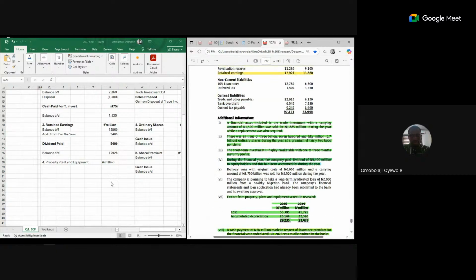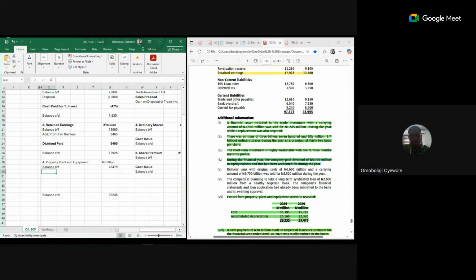You can see it here, balance brought forward 23,475. Now the closing balance, balance carried down. How much is the balance carried down? 29,235.